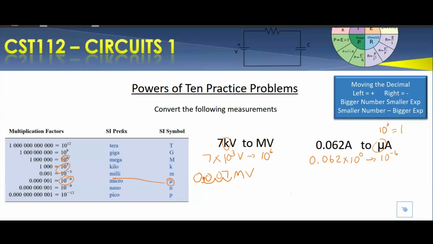So from 0 to minus 6, we want to move the decimal to the right 6 places. So I'm just going to go ahead and rewrite it. 0.062. Let's move it to the right six times. 1, 2, 3, 4, 5, 6. And add our zeros.